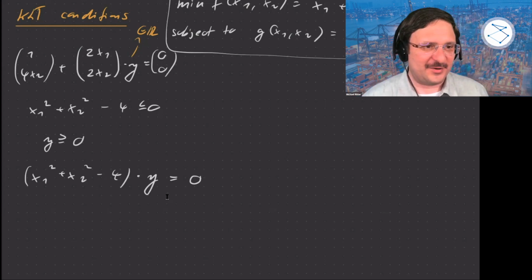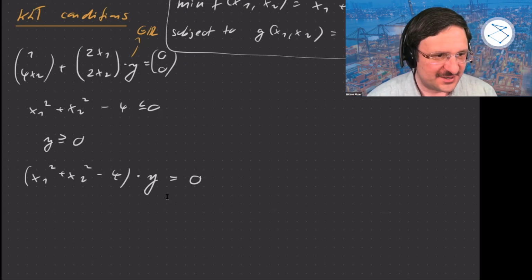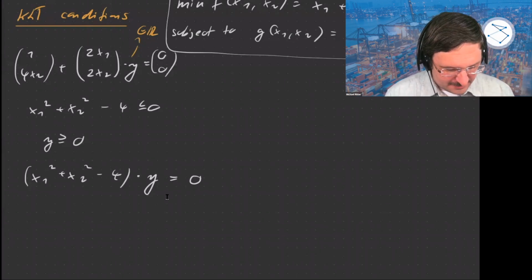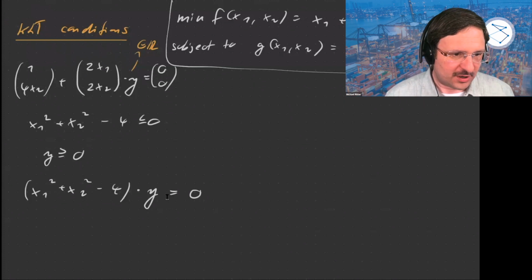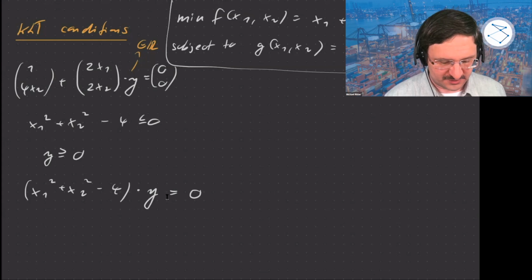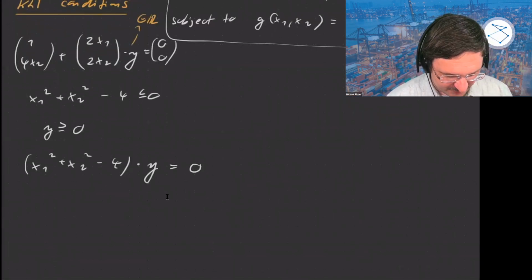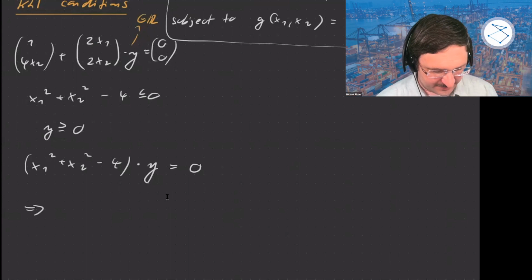Okay, let's go on. We need to solve those conditions here. And again, one possible way of doing that would be to try and solve for x1 and x2, and then substitute that somewhere. So let's first write out the actual inequality or equality system that we get.